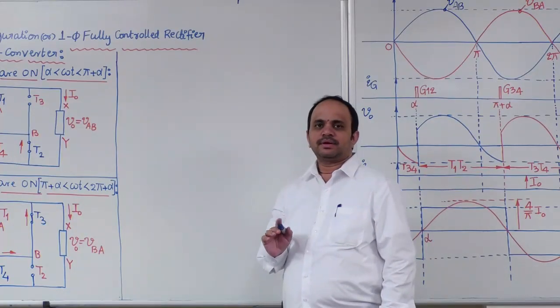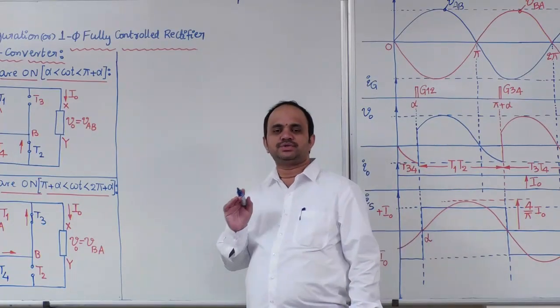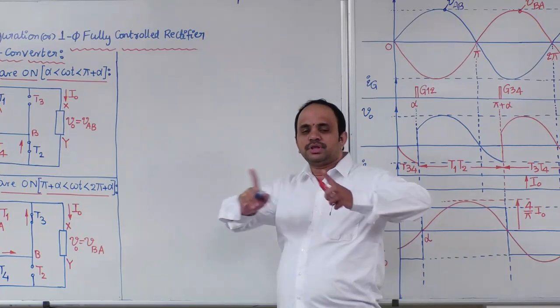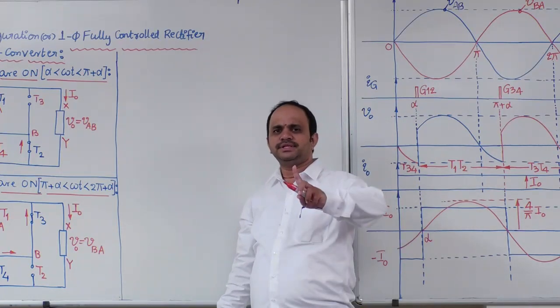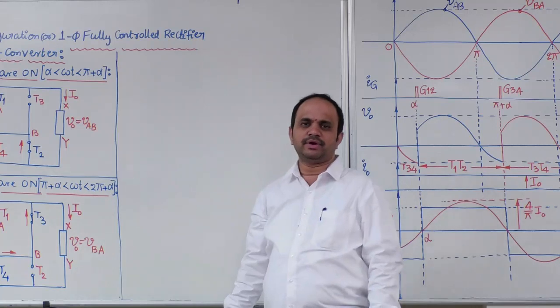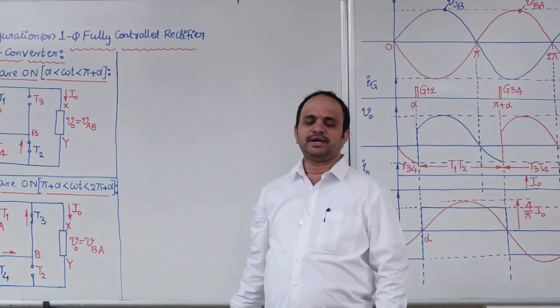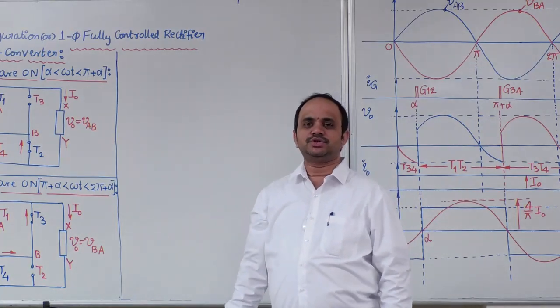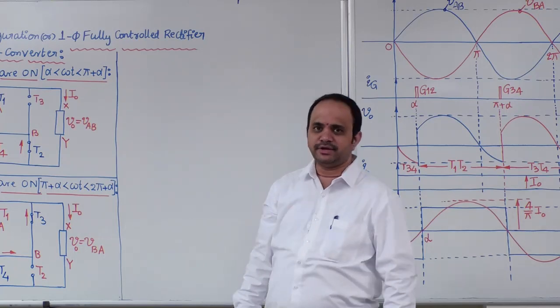Now here, when source voltage and source current both are not sinusoidal, means here source voltage is sinusoidal, no need to worry about it, because our rectifier analysis has started by assuming source voltage is pure sinusoidal.